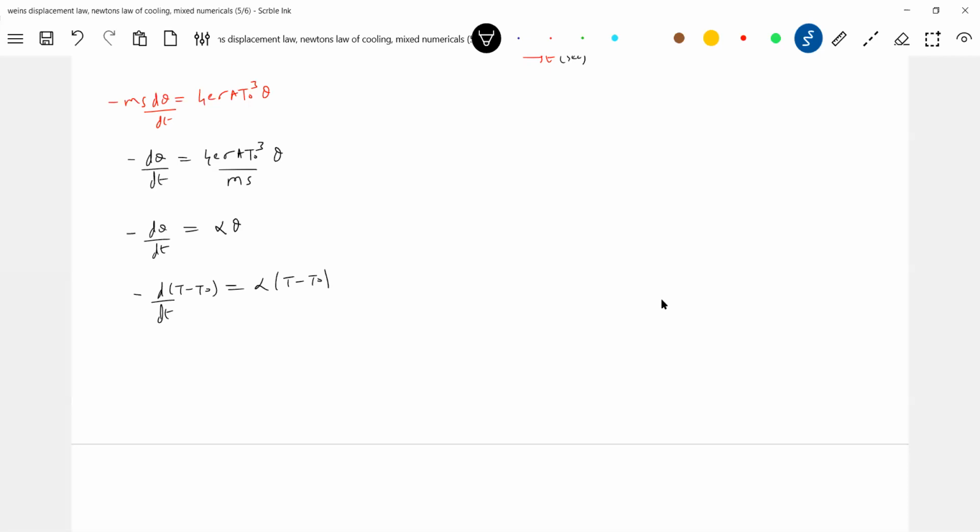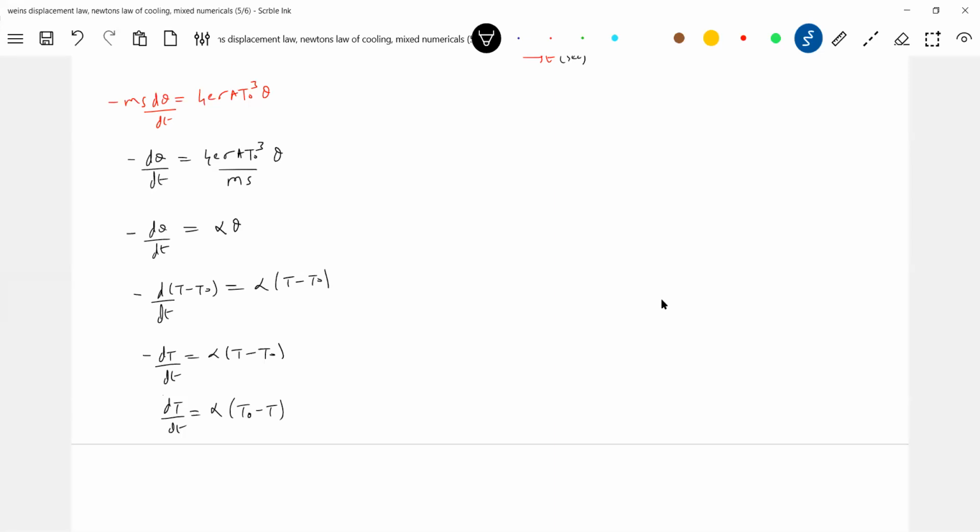Differentiating this, we get minus dT by dt equal to alpha times (T minus T naught), or dT by dt is equal to alpha times (T naught minus T).